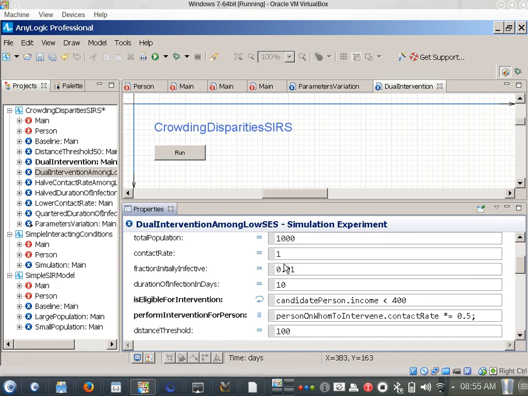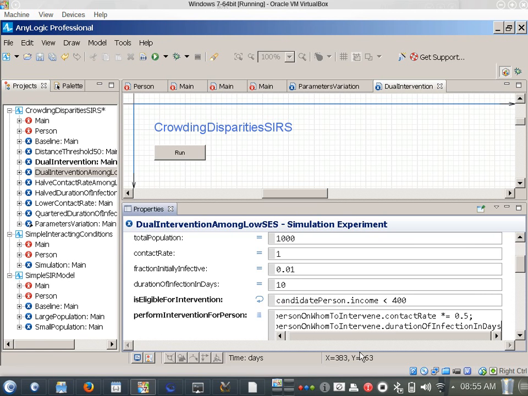The baseline rates are going to be 1 and 10 for the whole population, and then specifically among this group, we're going to have person on whom to intervene. We're going to set their contact rate, and then we're going to set their mean duration of infection, right? Okay, duration of infection in days times equals what? 0.5 times equals 0.5, right? Good.